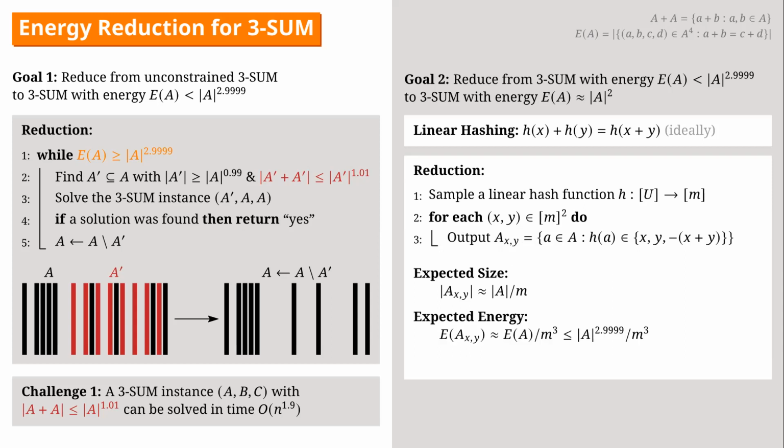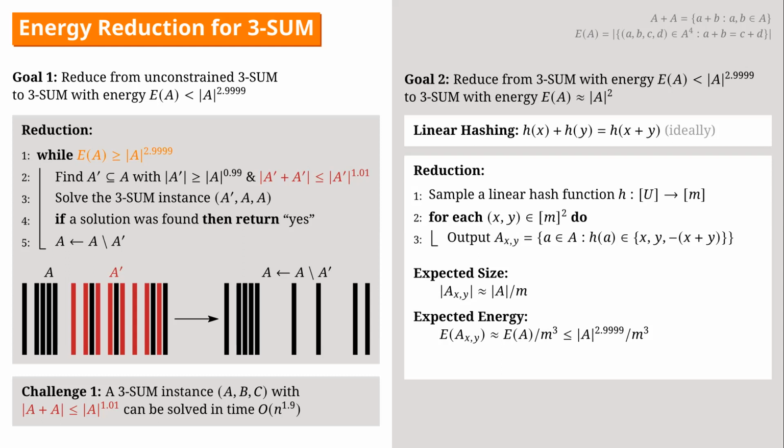And the expected energy scales differently. Remember that the additive energy was the number of solutions to this equation. And for each solution of this equation, what's the probability that you included it into our instances here? For each a, b, c, and d, the probability that we include is roughly 1 over m. So you might expect that each solution is only included with probability 1 over m to the 4.